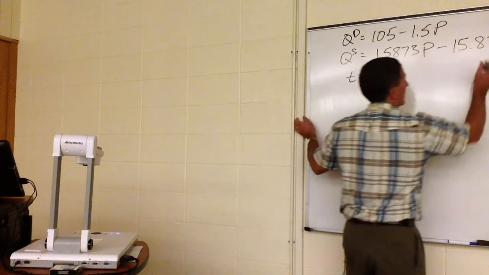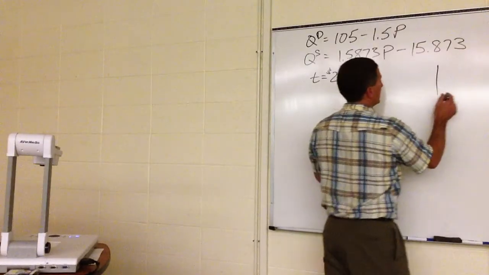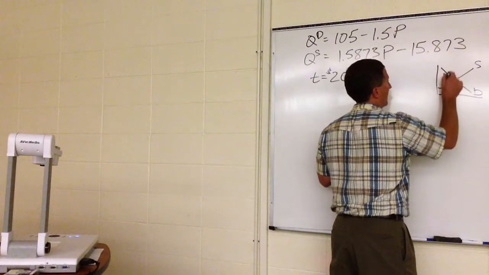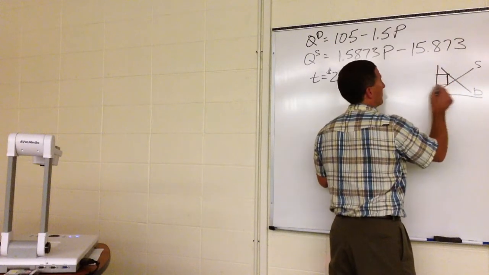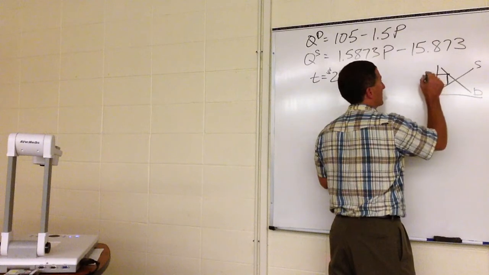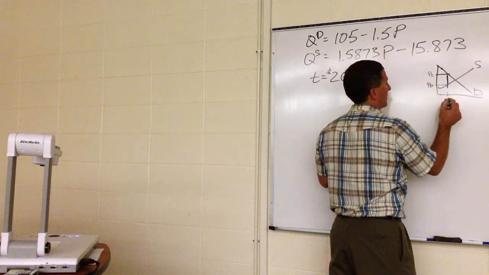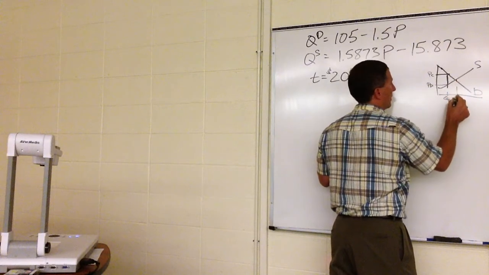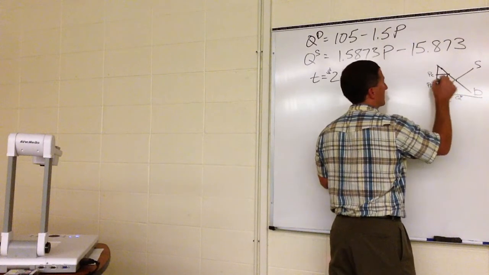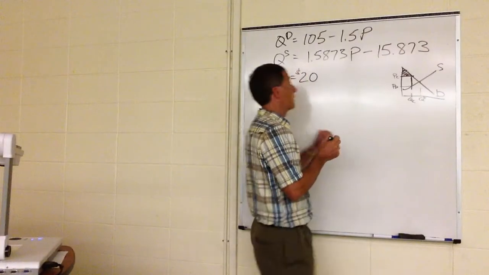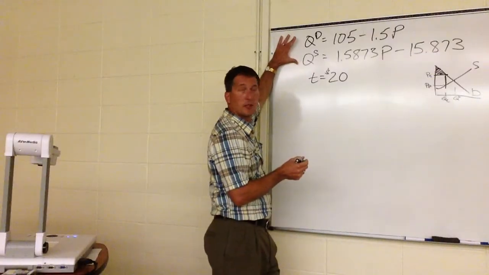After the tax. Okay, so what I'd do mentally first is ask, what am I looking for? I've got PC, the price the consumer pays, and the price the producer pays. I'm looking for this area right here, so we wouldn't have to go through the trouble of solving for the equilibrium.